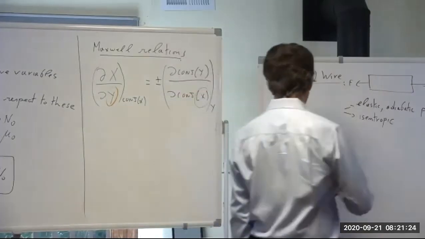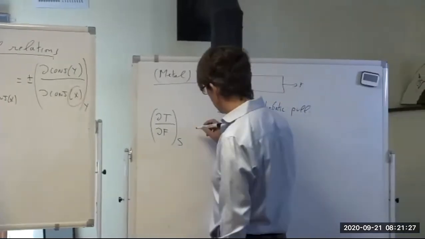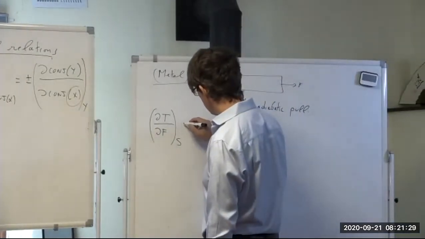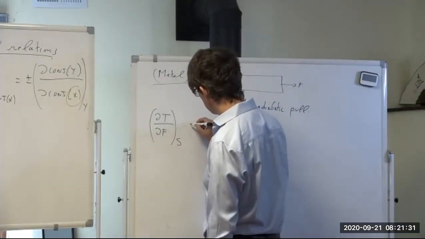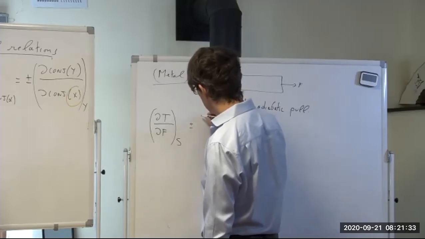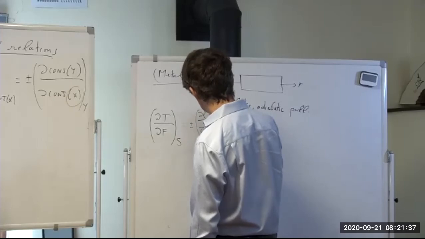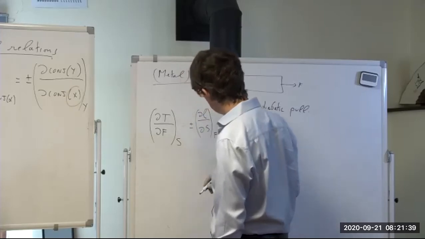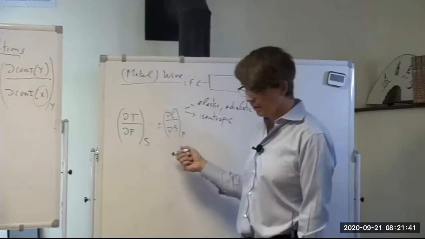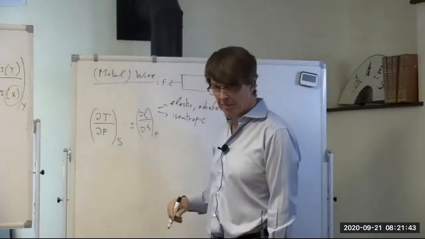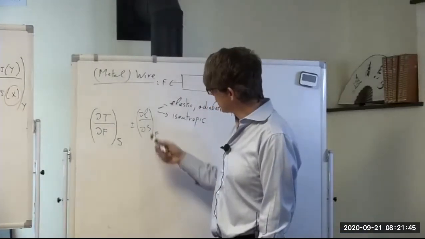So the question is, is that useful? To check, you can right away write out that this would be equal to plus or minus dL/dS at constant F. That would be the Maxwell relation. I don't really care about the plus or minus sign for now, but to me that doesn't look very useful.